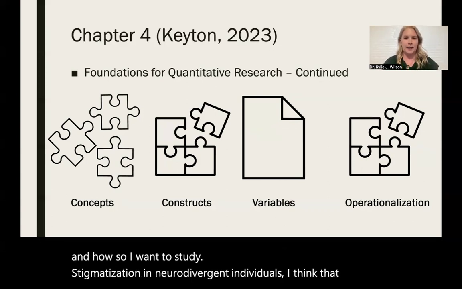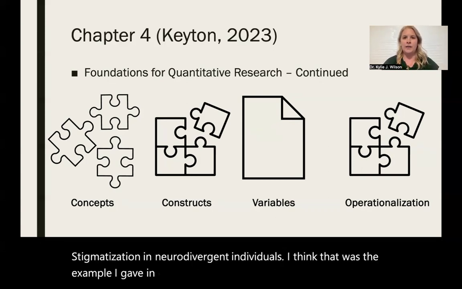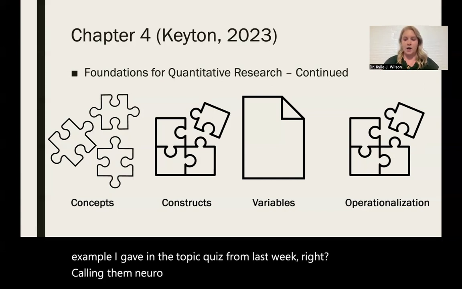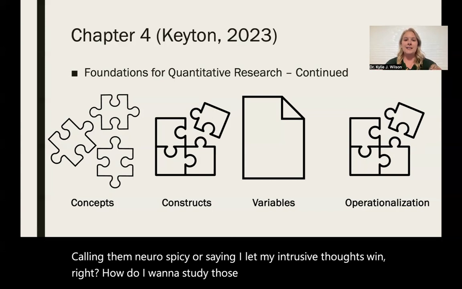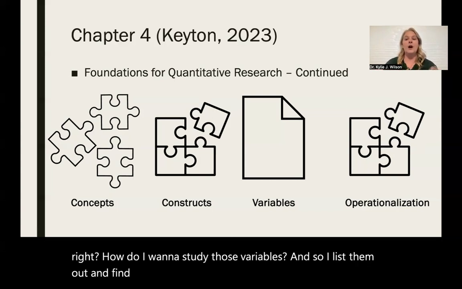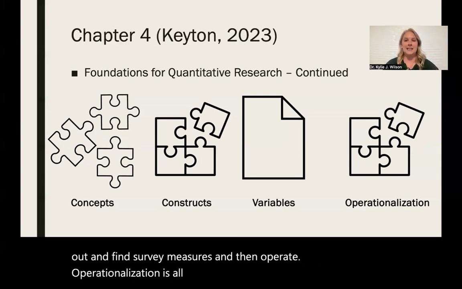I think that was the example I gave in the topic quiz from last week, right? Calling them neurospicy, or saying, oh, I let my intrusive thoughts win, right? How do I want to study those variables? And so I list them out and find survey measures. And then operationalization is all about putting it together and actually studying it, okay?